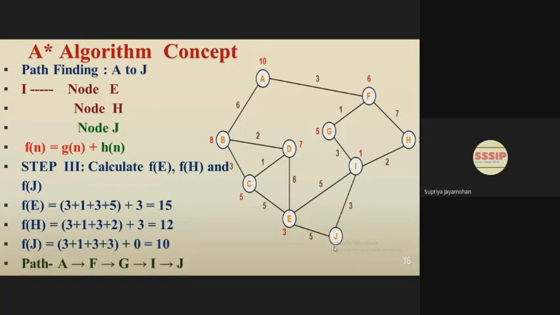Okay. So we start off by moving from A, to F, to G, to I, and finally it reaches J. So this is what we had planned, and finally this is the solution that we have got if we have considered these specific heuristic values.